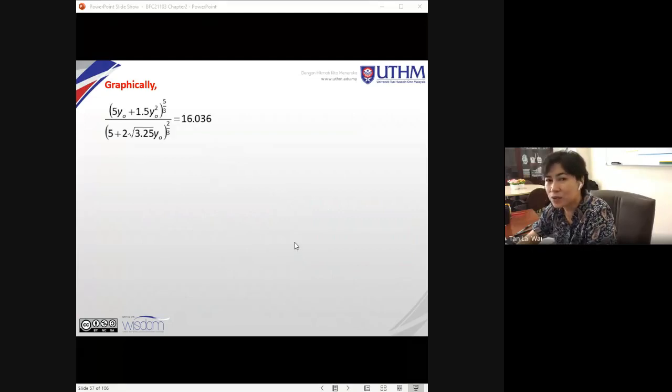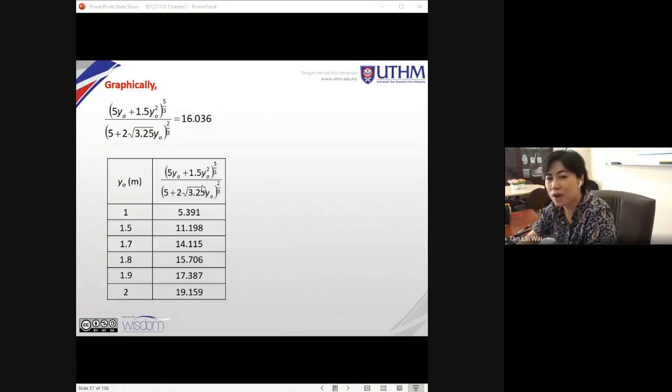Depending on the type of question, depending on the instruction of the question, if the question asks you just to solve the depth of uniform flow, you could use any method, it doesn't matter. But if the question specifically asks you to solve it using the graph method, then you have to plot this out.